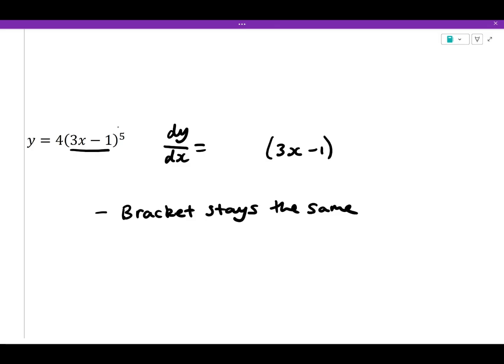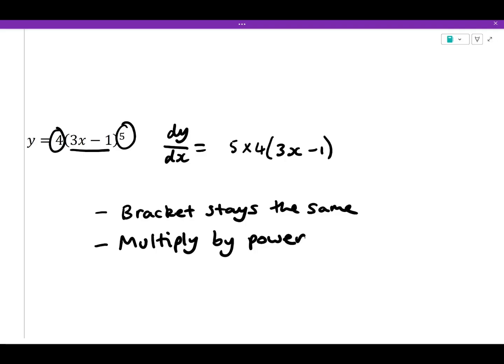We then said we multiply by our power. So we've got the initial 4, which we're going to write here, and we're going to multiply by the 5, which is our power. So I'm going to write multiply by power. Then we also multiply by the derivative of my bracket. When I differentiate the bracket, I get 3. I'm also going to multiply by that.